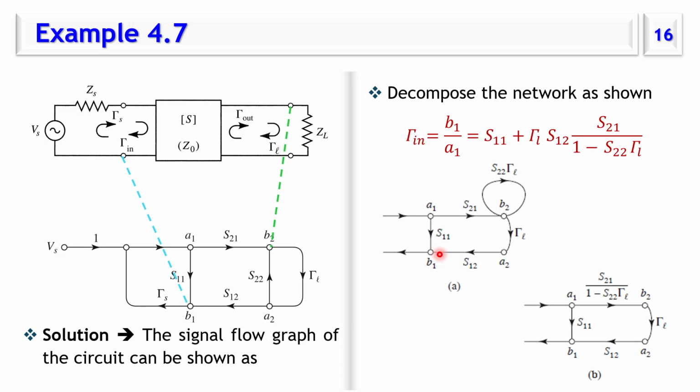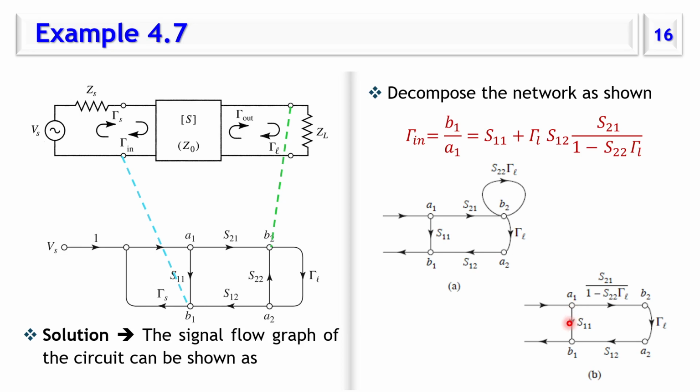So the signal that comes to here equals this self loop. For simplification, we're going to simplify those together, and it will give us this value.